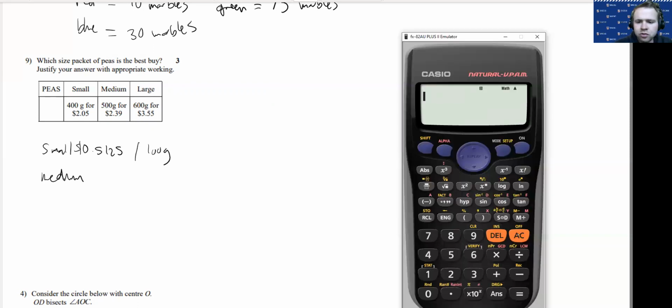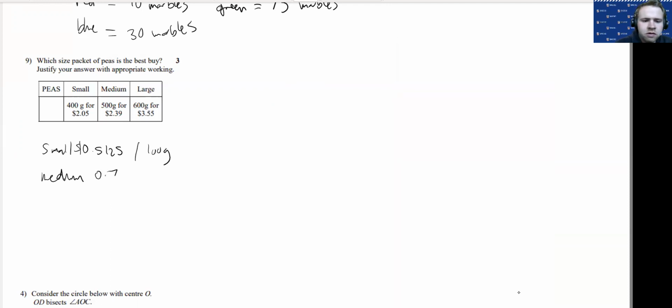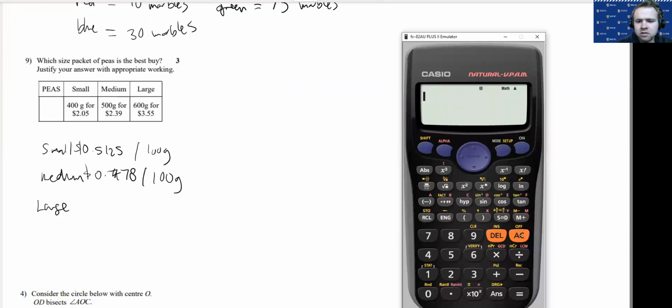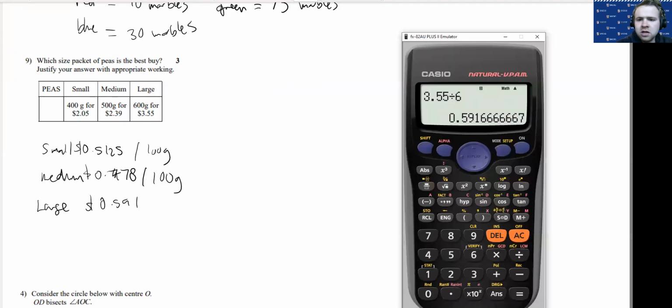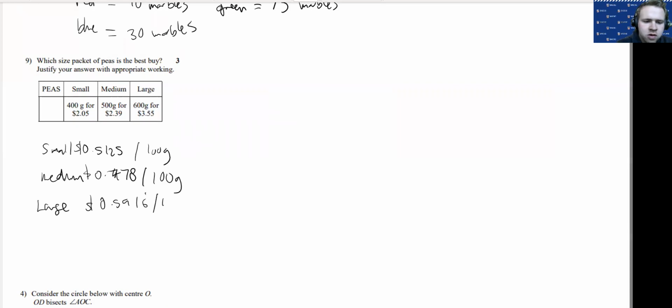For medium, we're going to have to do 2.39 divided by 5 to get it per 100 grams. So that's 0.478 per 100 grams. And then for large, I'm going to divide by 6, so it's 3.55 divided by 6, which gives us 0.591 repeating per 100 grams.